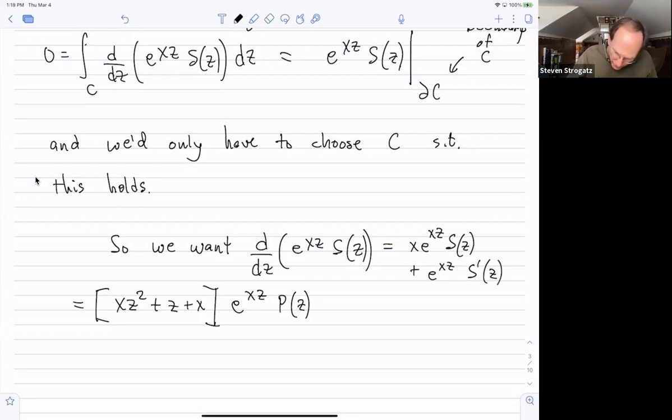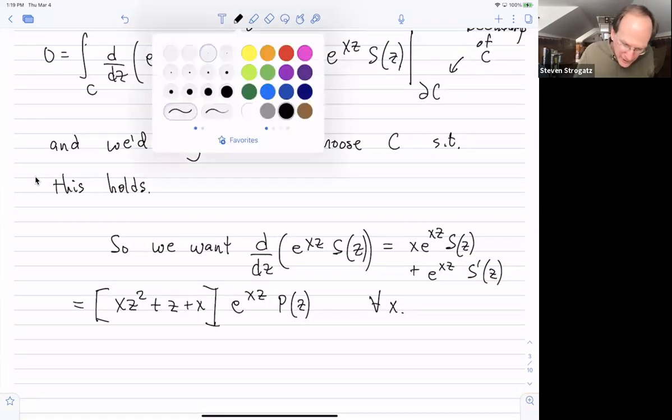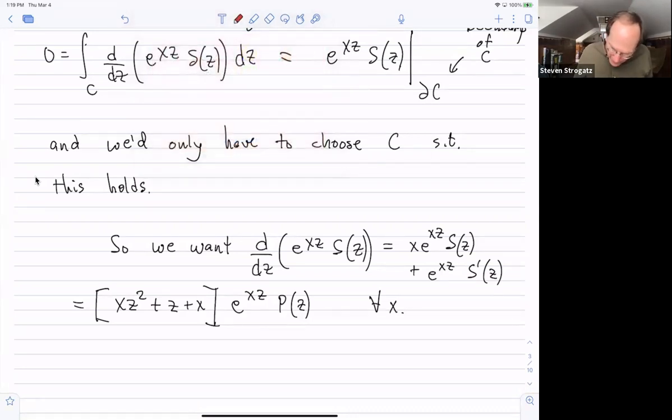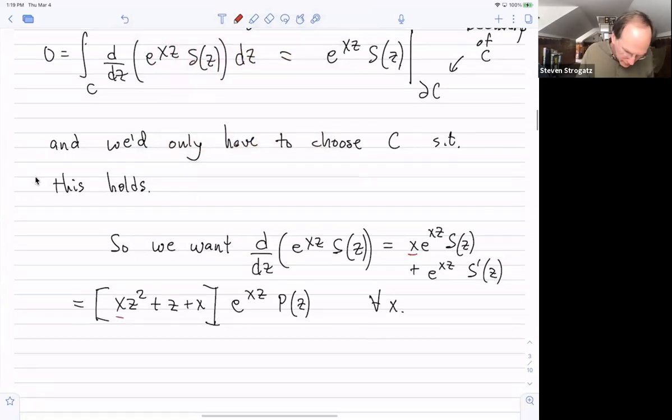Remember, I want this to be true for all x. So what's nifty about this is you can read off powers of x. If this is supposed to be true for all x, then let me underline the things that have x's underneath them as prefactors. There's one, here's one, here's one. Oh, by the way, I can cancel out the e to the xz's everywhere.